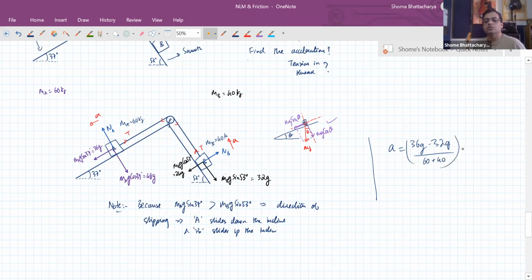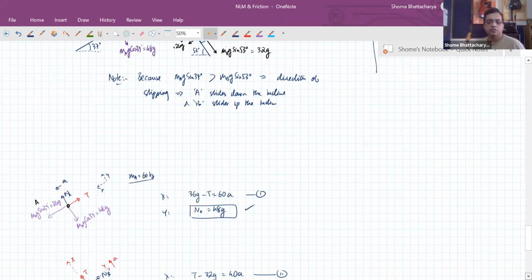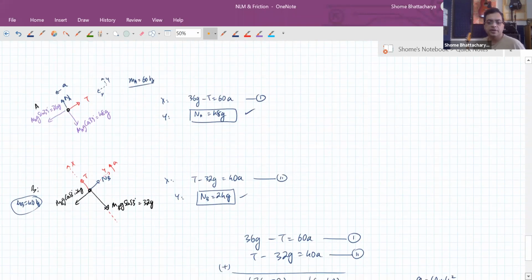You will come to this conclusion directly. But if you are less practiced with this kind of thing, then you first need to learn how to write these equations properly after making the free body diagrams and solving.